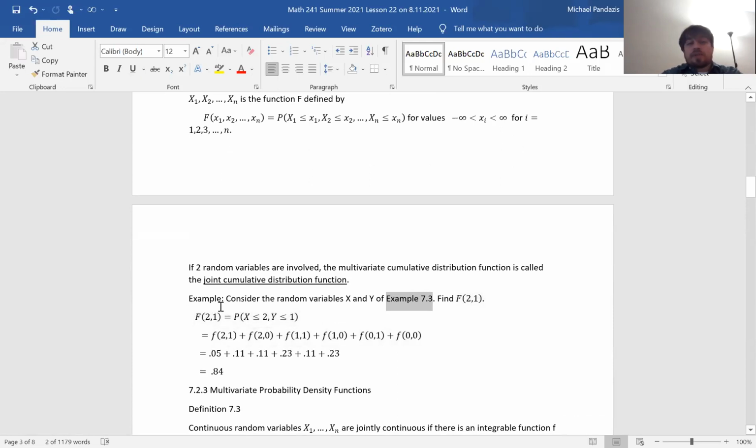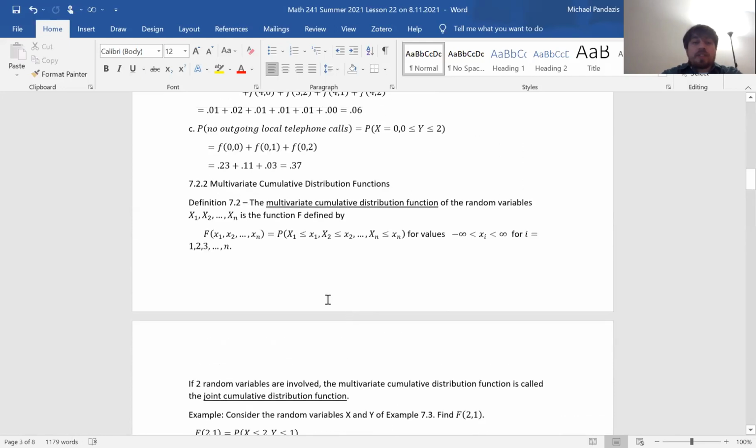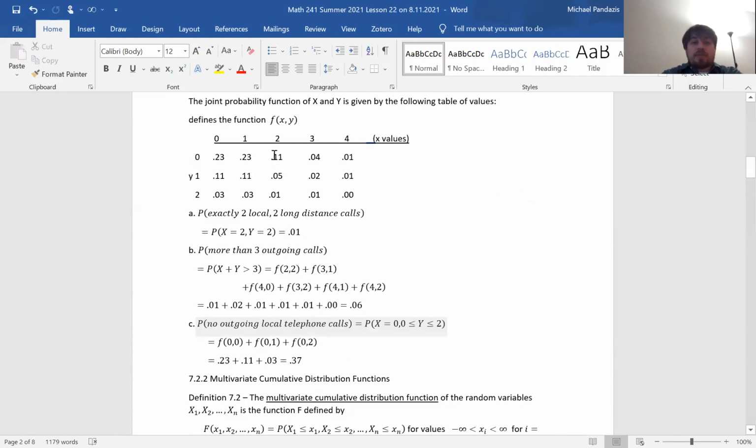So that equals the probability that capital X is at most 2 and capital Y is at most 1. Simple. So in order for capital X to be at most 2 and Y to be at most 1, what we want are the top 6 values on this table.